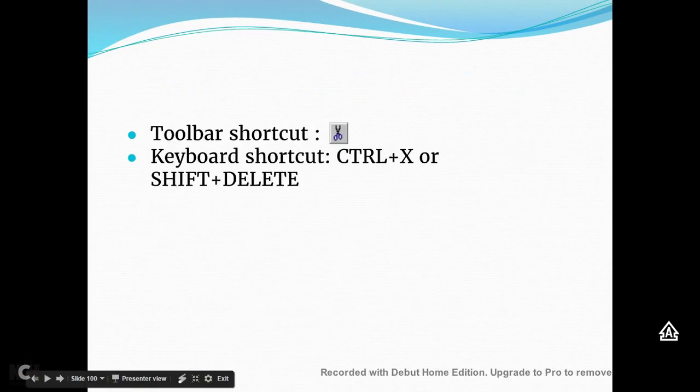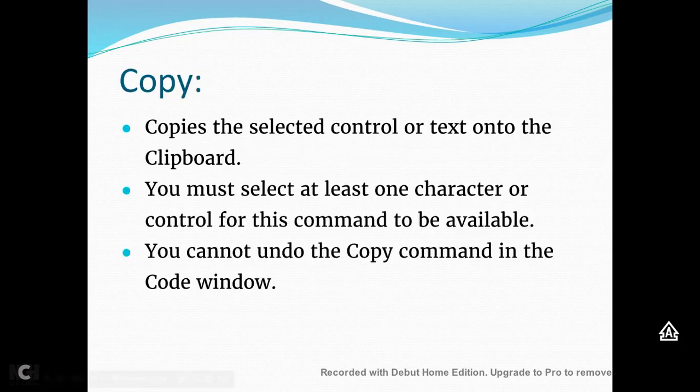Another option is called copy. As I explained, on the toolbar you can see the cut option or Control X. Copy is simple. You want to make a duplicate of one file to be in a different location.